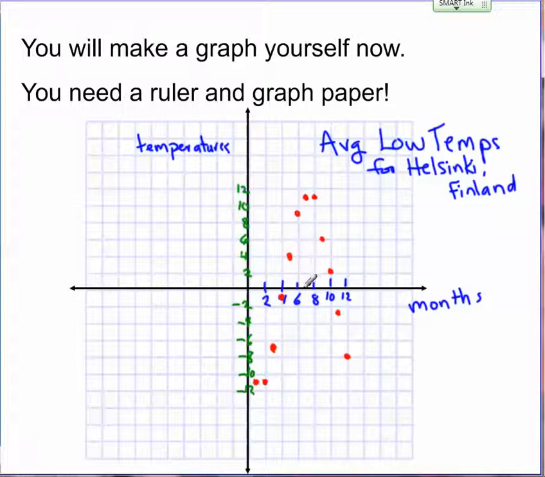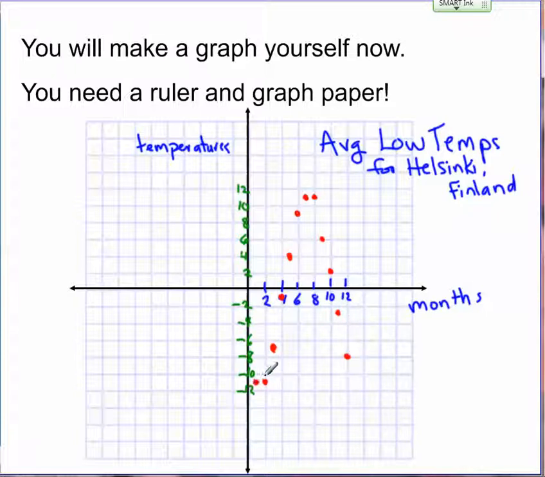The seventh and eighth months, July and August, are the height of summer where it was the warmest, so the average low temperatures were 11 degrees. The ninth month, September, now it's getting cold again, 6 degrees. The 10th month, October, was 2 degrees. November was negative 3 degrees, 3 degrees below zero. And December was 8 degrees below zero.